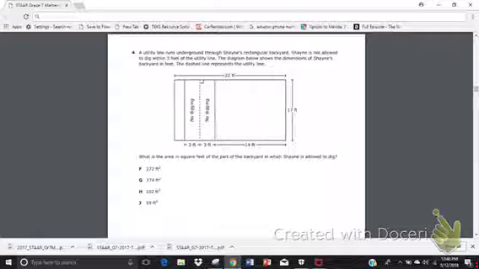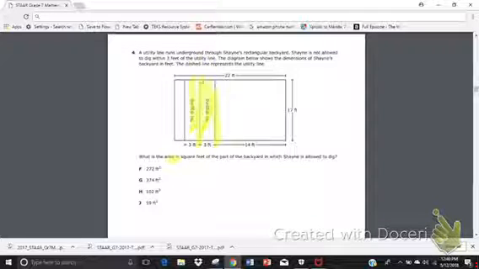The dashed line represents a utility line. So right here, Shane cannot dig within 3 feet of that, which basically means he cannot dig in that area right there. So now they're asking us, what is the area in square feet of the part of the backyard in which Shane is allowed to dig?